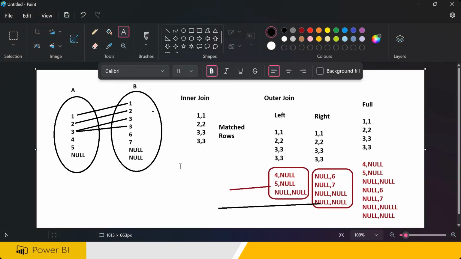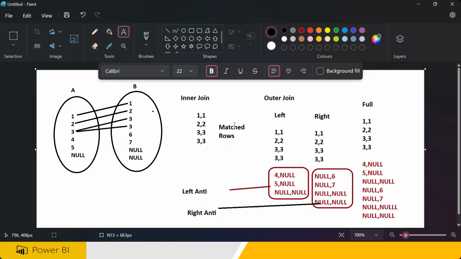This is our left anti join, and this will be your right anti. What is left anti? If you need pure unmatched data from the left join, that is left anti. After right join, if you get pure unmatched data, that is right anti join.